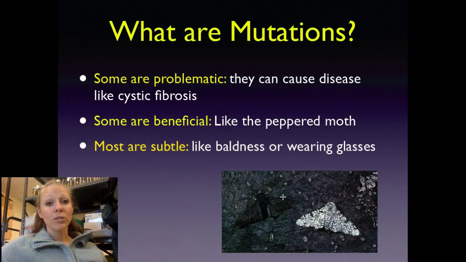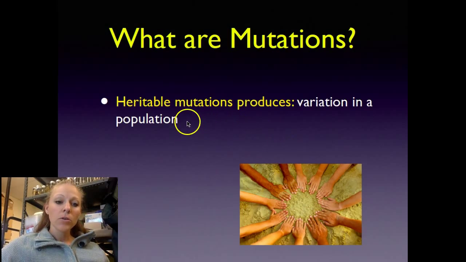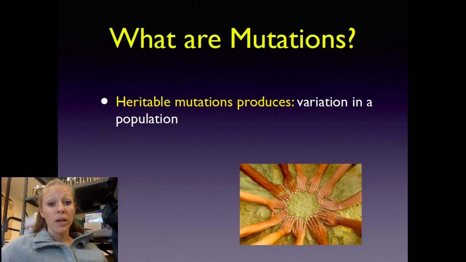Most mutations are subtle, and they result in things like baldness or wearing glasses. They don't give us superpowers like in the X-Men. So heritable mutations produce variations in the population. Just like we saw with the peppered moth, variation is beneficial, just like we've talked about all year long.